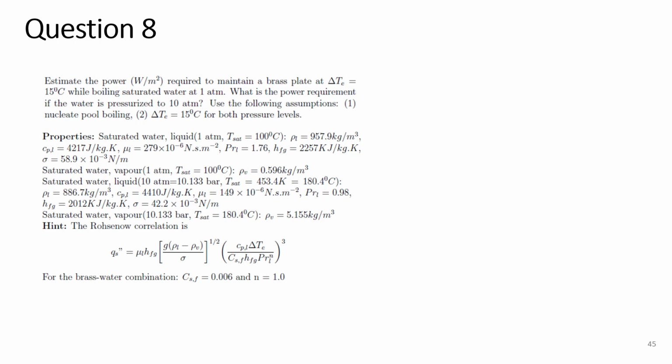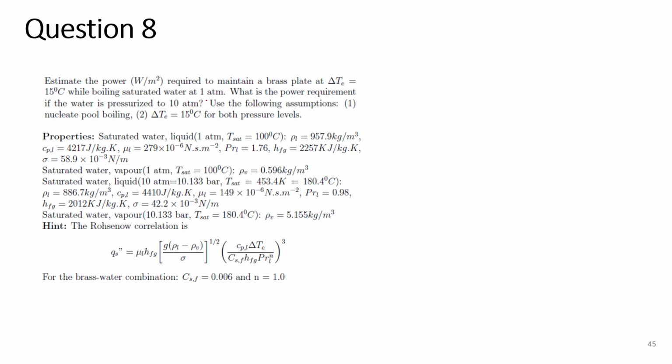What is the power requirement if the water is pressurized to 10 atmosphere? And what is the power using the following assumptions used for nucleate boiling and delta T of 15 degrees Celsius for both the pressure levels?